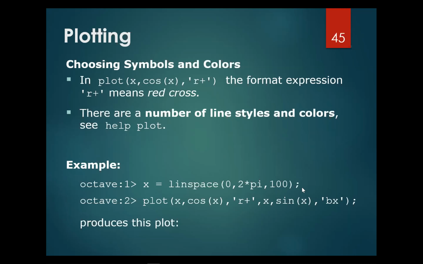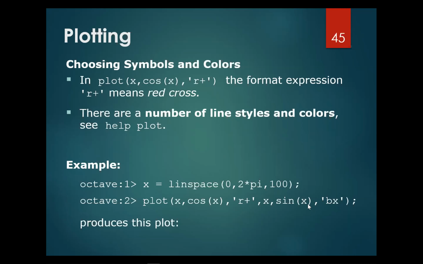I'll type it, then we'll look at that. We use that as our x values, and then we pass it to cos to plot a cos graph, and then we make it red and plus. Then we have another one using the same vector, sine of that, and this time we are making it blue x.